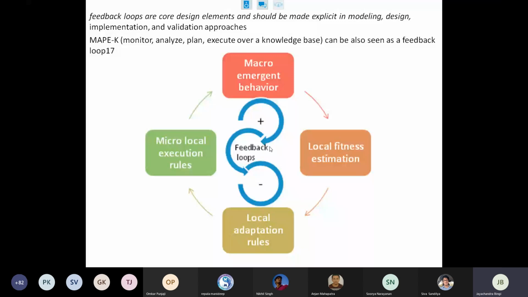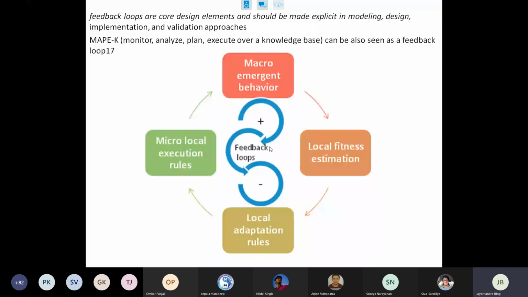So if you create feedback loops like this, these will organize whether all conditions are satisfied or not, which rule is suitable for a particular situation. And in order to execute this rule, what are the micro changes or subsystem changes that should appear?